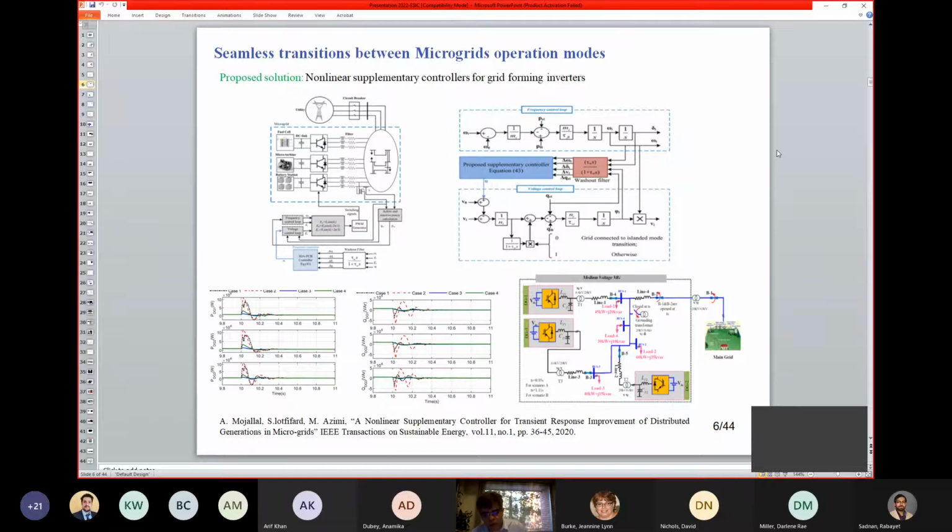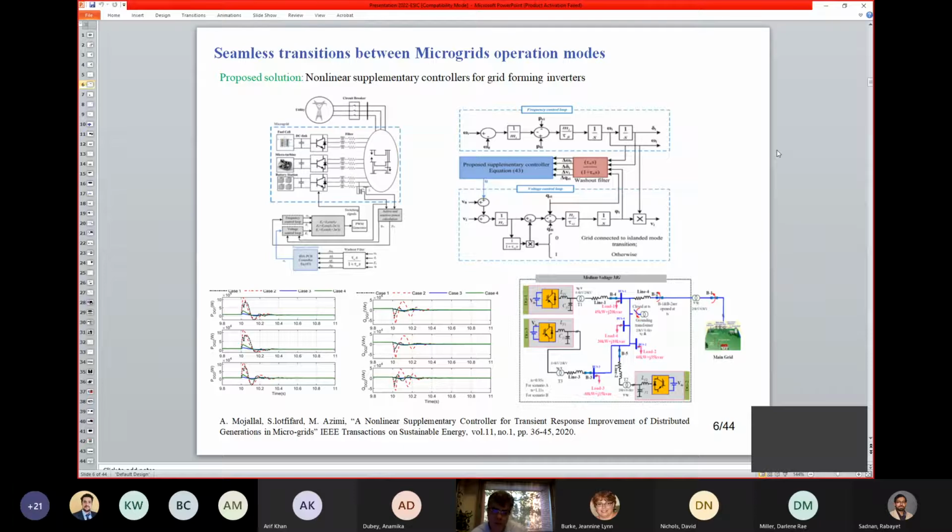So what we propose is that we don't want to change the controller of the inverters, because there are many advantages in each controller that the manufacturer picked. That's not a random selection. We want to keep the strengths of those algorithms and use them, but at the same time overcome such problems that we have seen.